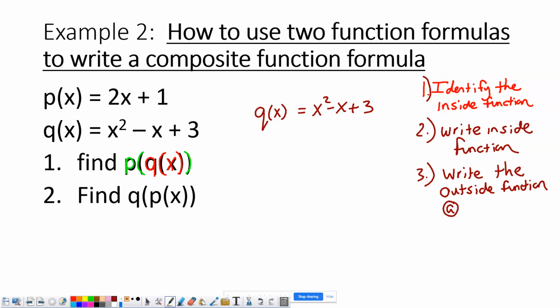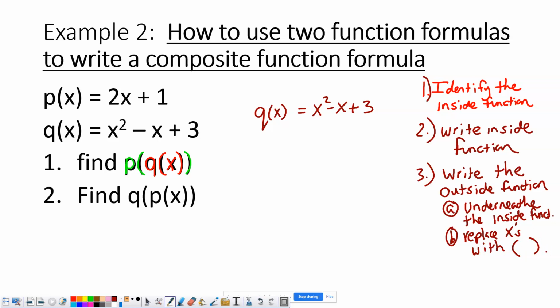You want to write it underneath the inside function, and also you want to replace the x's with parentheses.